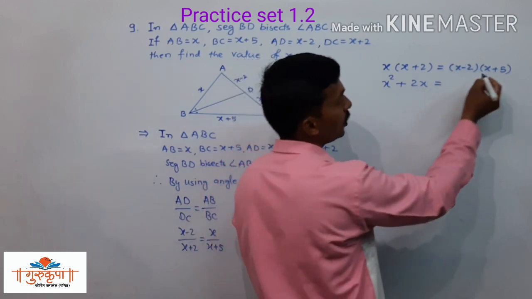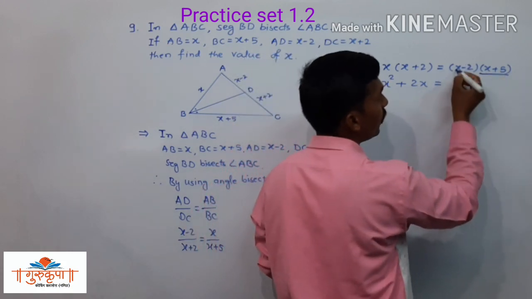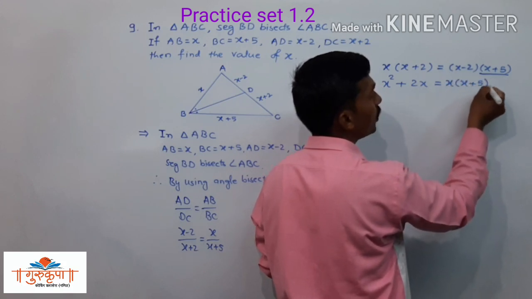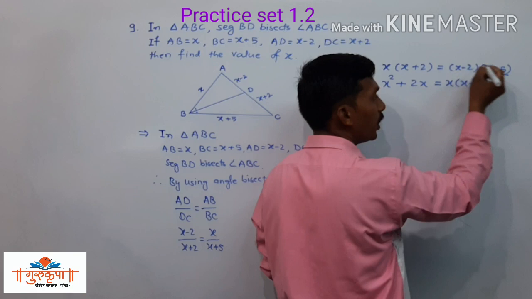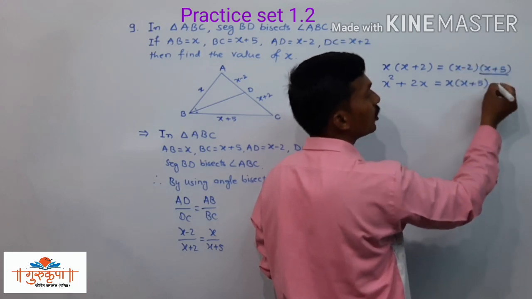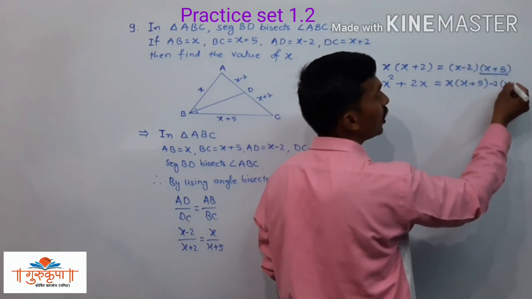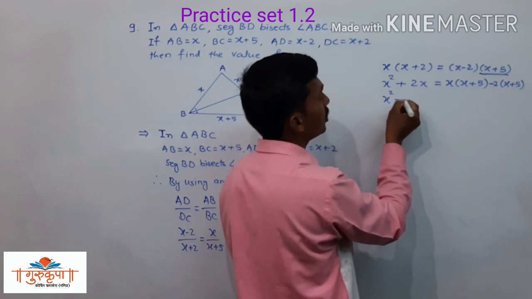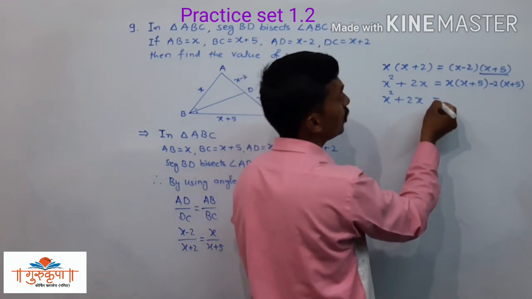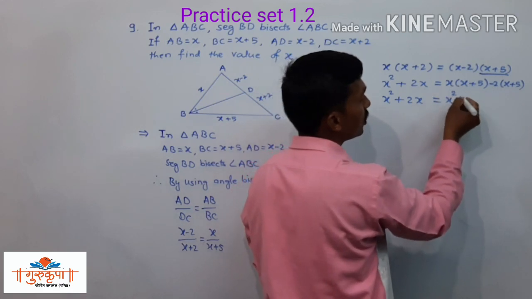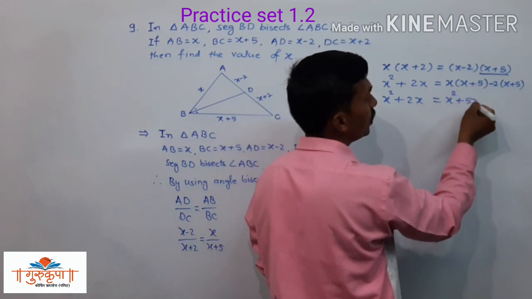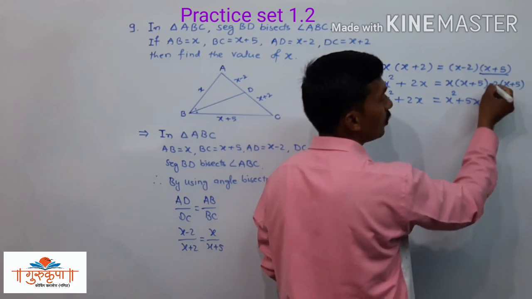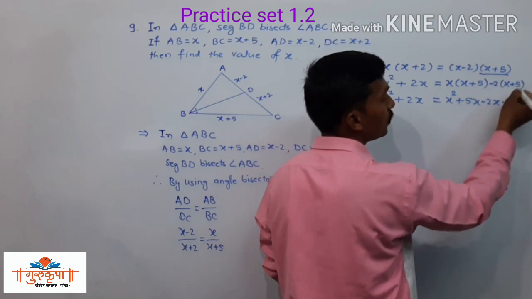So first of all we will multiply this bracket by x only, x multiplied by x plus 5. Now we have to multiply the same bracket by minus 2. So here minus 2 multiplied by x plus 5. Take the multiplications. Here x square plus 2x is equal to x into x is x square plus x into 5 is 5x. Now minus 2 into x is minus 2x, minus into plus is minus, 2 into 5 is 10.